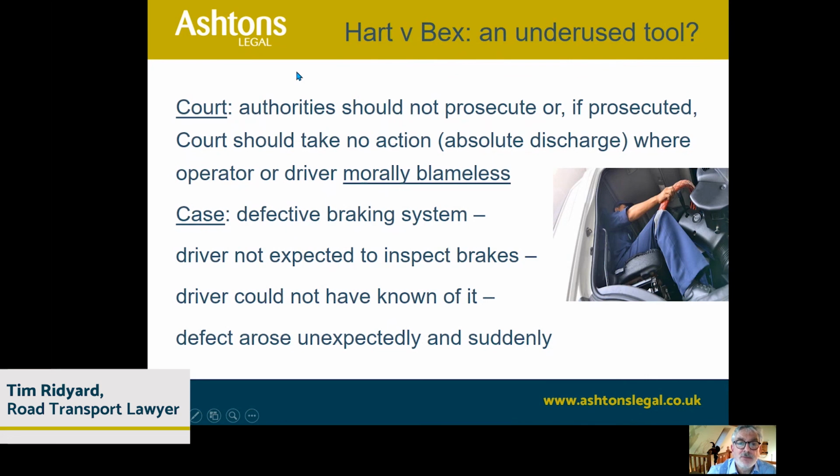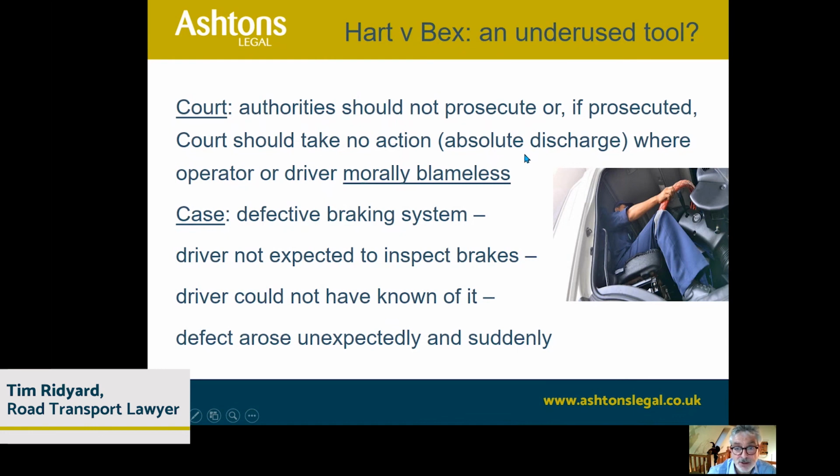The court said in that particular case that firstly, there shouldn't be a prosecution, but if there is a prosecution, the court should take no action by imposing what's called an absolute discharge. And that's where they feel that the operator, the driver, is morally blameless. So that might be something that you'd want to use when you're writing to the traffic commissioner.